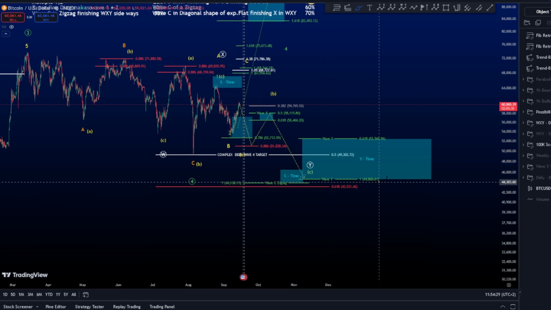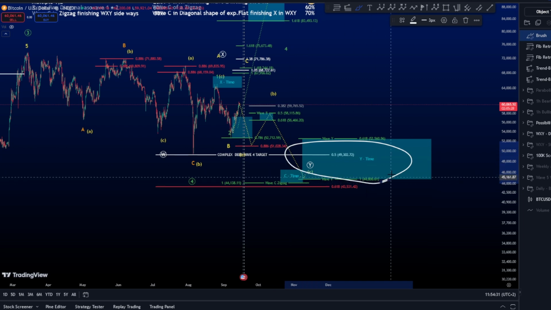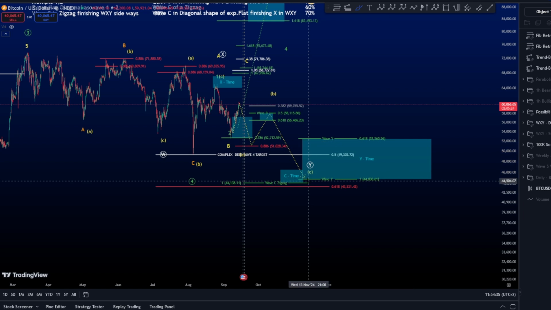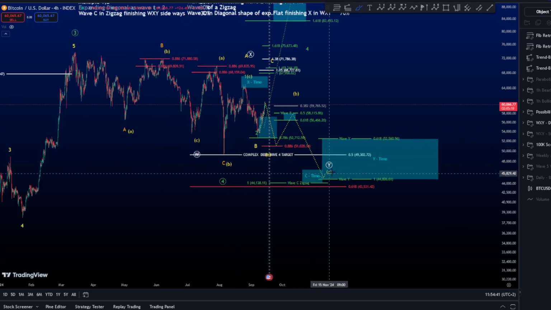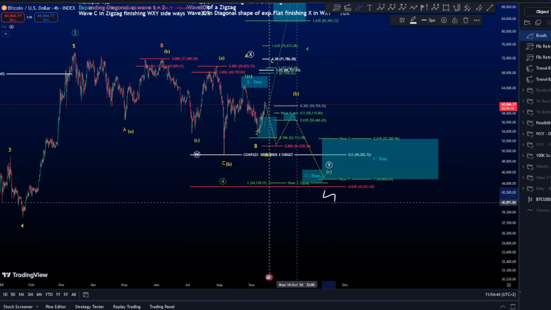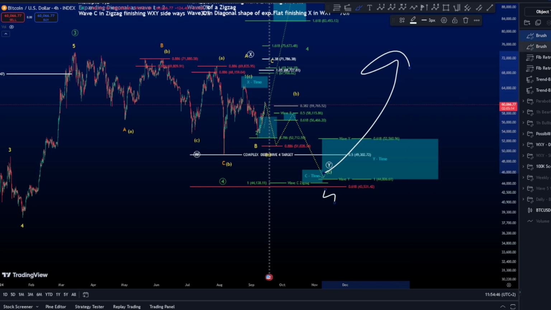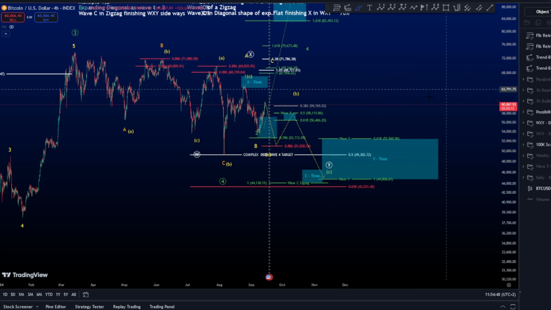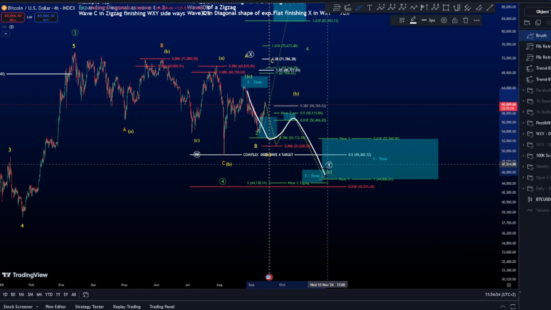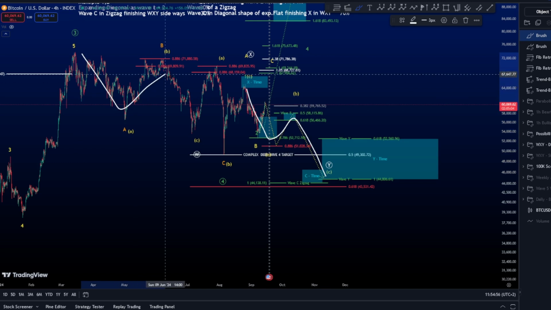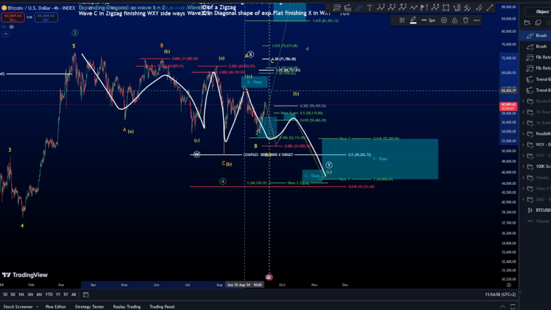For a wave Y, it would be preferably to range in between 44,800 and 52,500. Therefore, the possibility is very high still that we can range even for a wave 4, finishing a wave 4 here and then move up again towards the upside. So this is your short-term bearish scenario, of course, where you want to finish a zigzag towards the downside, finishing a bigger WXY.